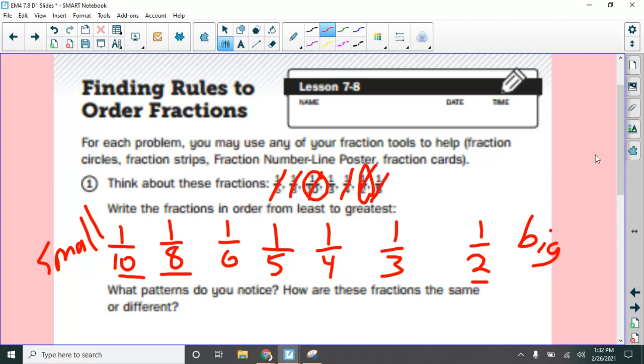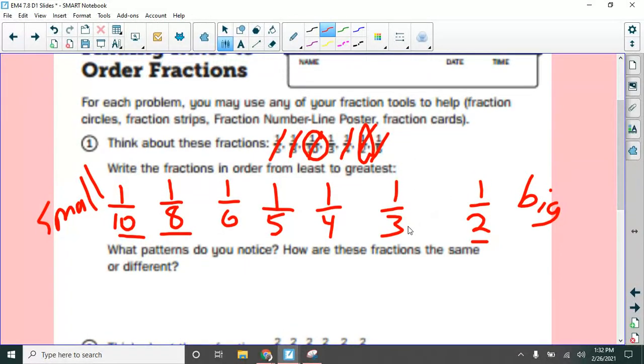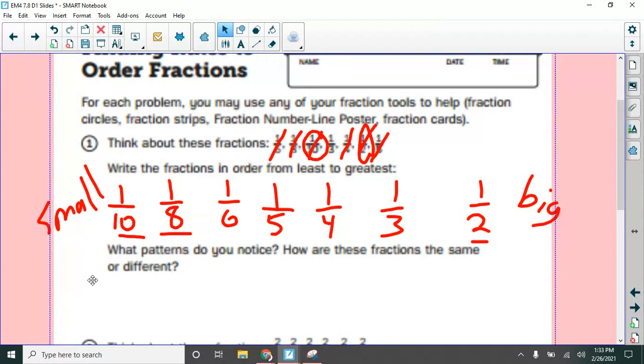Do you see what I'm saying there? Think about pizza, right? A pizza cut into three pieces, into thirds, has really big pieces. A pizza cut into 10 pieces has really small pieces. So the piece size is moving up, even though the numbers get smaller. Isn't that weird? It's like reverse. Okay?